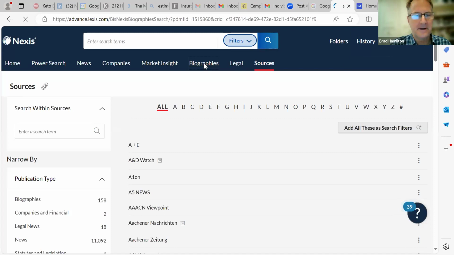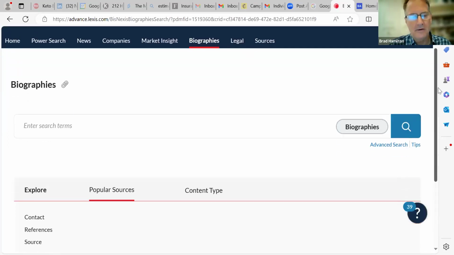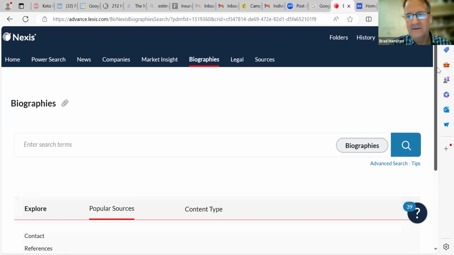Let's go to the biographies page. Here's the biographies page. Okay, this is that page where, remember, I told you there was 100 and whatever, 52 or 58 or whatever it is, publishers of biography. So when you're doing a story about somebody, or you just want to find out some background information, it's always worth it to go into the biographies page, type in that person's name, and if it's a name like Bill Smith or something, you also have to say, and CEO of whatever Diamond Corporation or whatever, right?